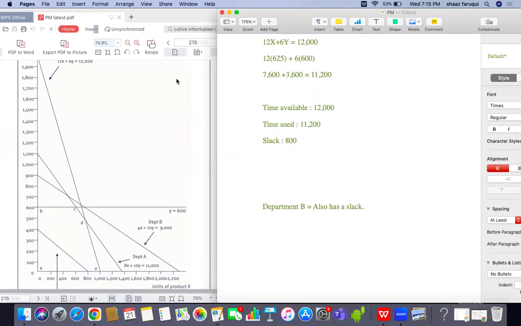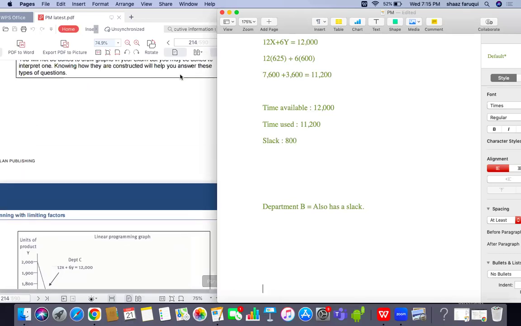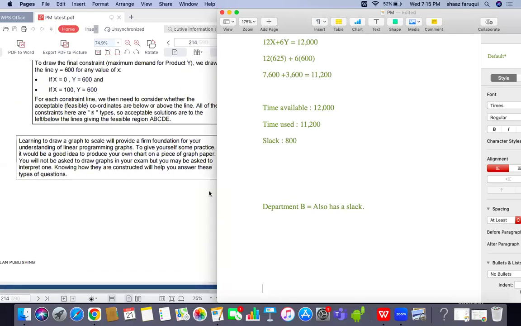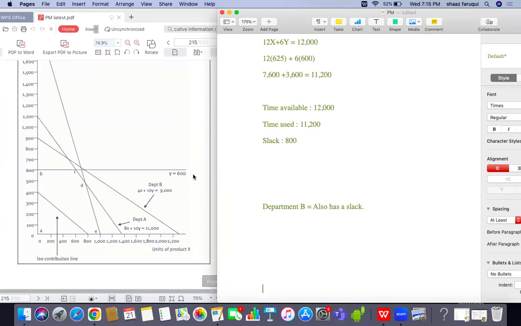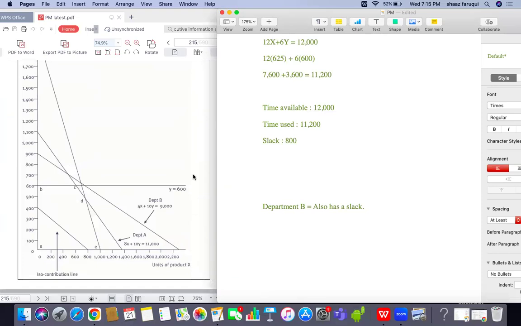You are all claiming that you have completed PM. I want to know, before you told me there is a slack, I told you there is a slack. How? I told you there is a slack for department C, and you are telling me now that there is a slack of 500. How did I get the answer? Who can tell me?